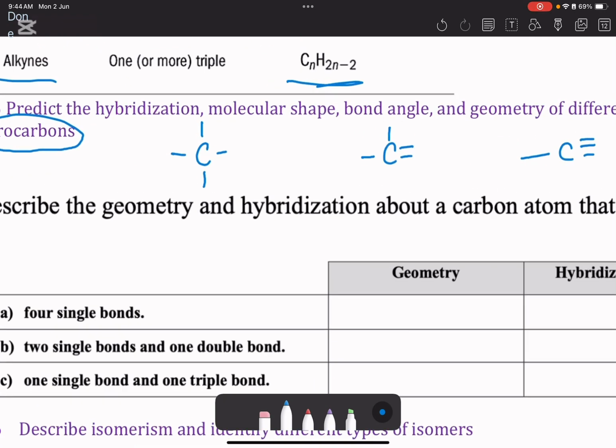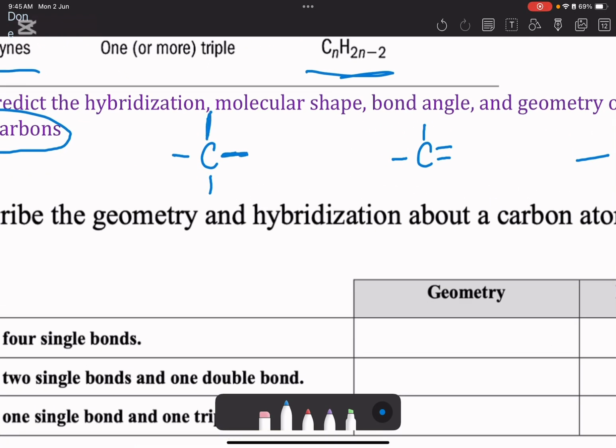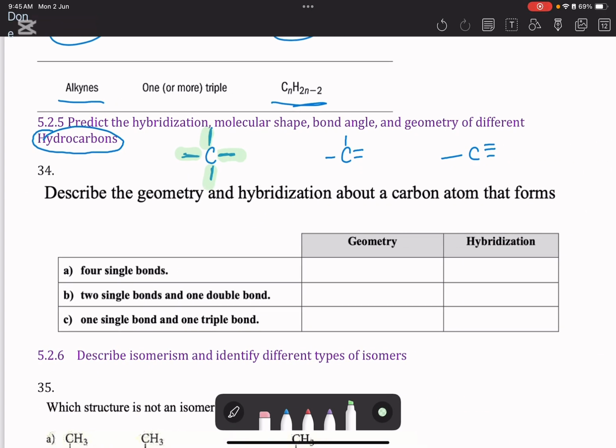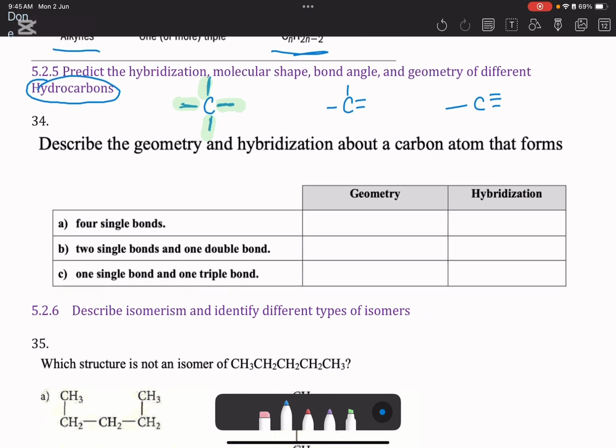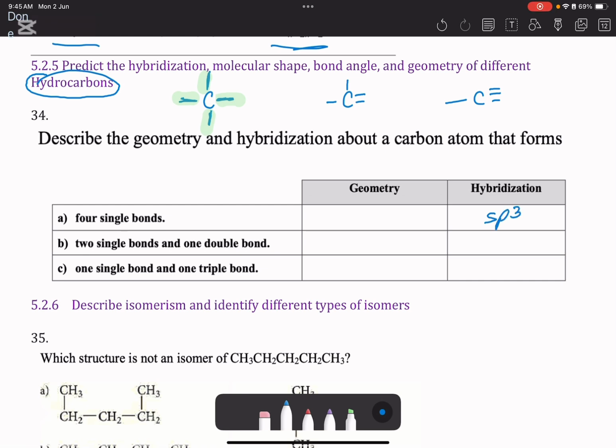So if I have an alkane, around the C, all the bonds are single. So around the C, I have 4 domains. So the hybridization is sp3, and there are no lone pairs in all the hydrocarbons. So don't worry about the hidden electrons. And this one is tetrahedral, having 4 domains.